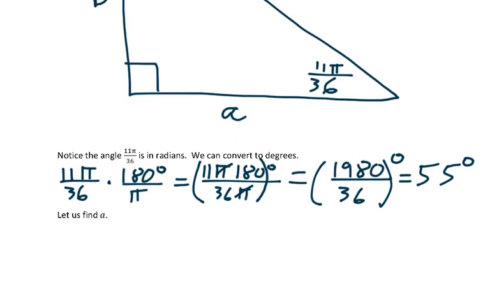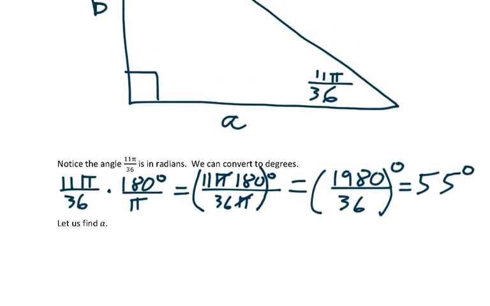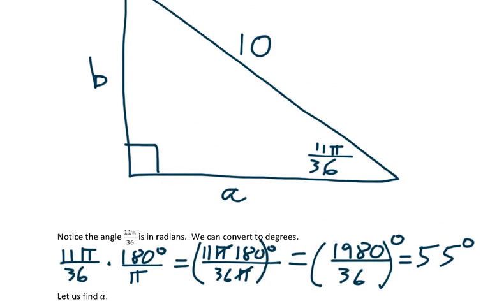All right, so using that, let's try and figure out what A is. Well, again, here we know the hypotenuse, right? That's what 10 is, the hypotenuse, the side opposite the 90-degree angle. The A here, that's the adjacent side. Well, what trig function involves the hypotenuse and the adjacent? Let's see.